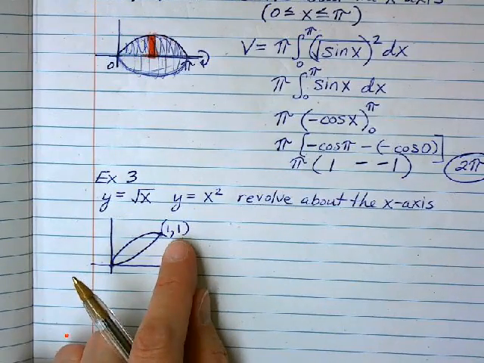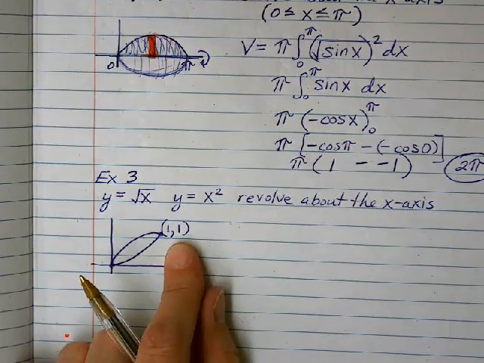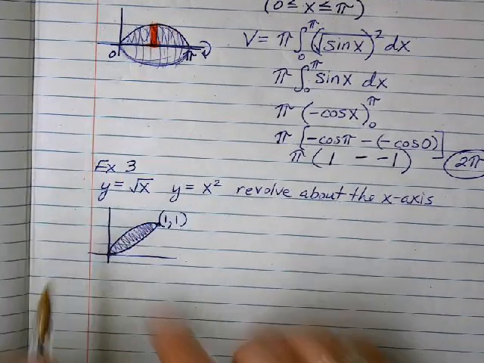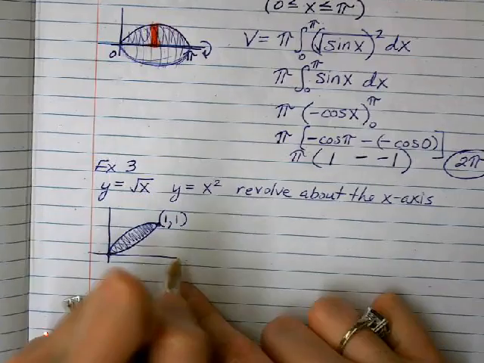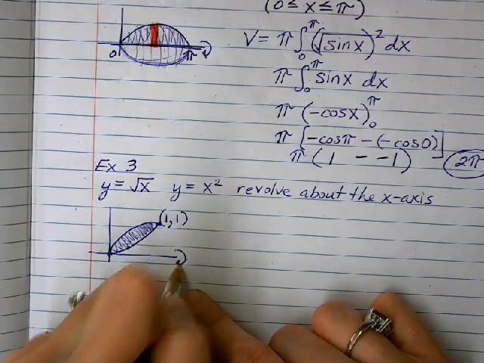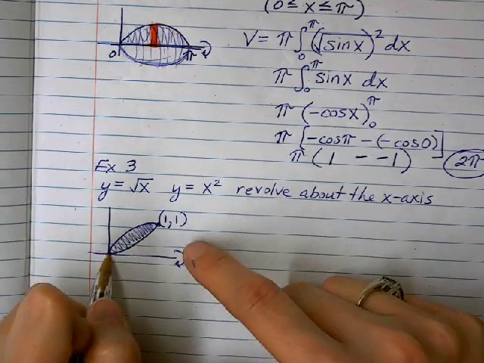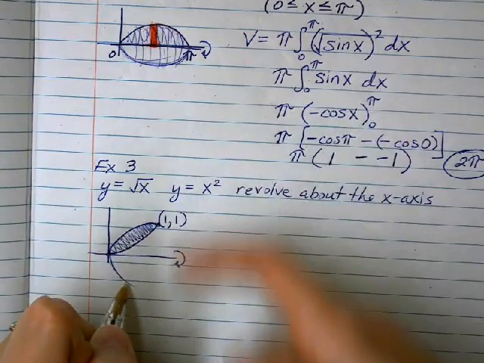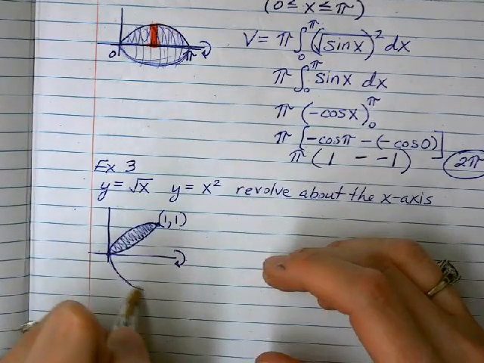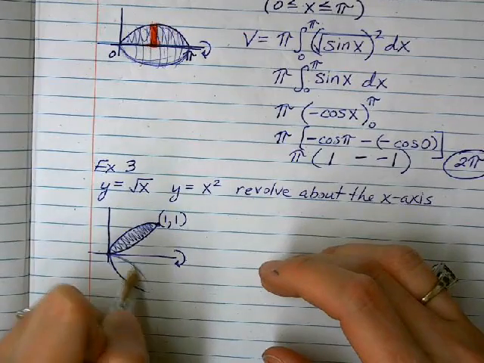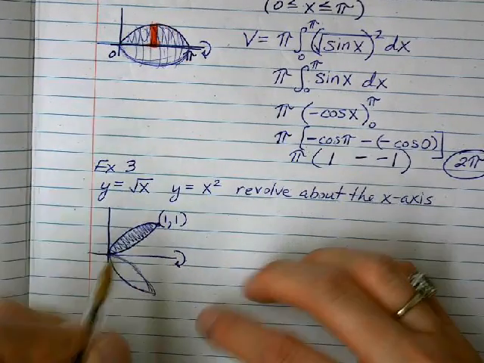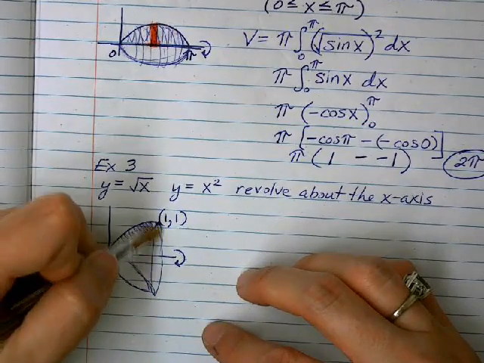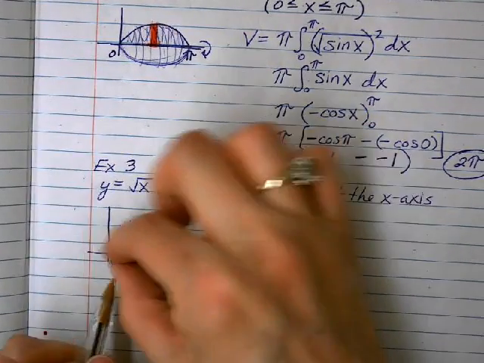Okay, so we're looking at this section, this picture. It says to revolve it around the x-axis line again. So if you spin it around, you have to think of rotating this thing. I'll try to draw it. I'm not the best artist, but it would be kind of like a funnel, with a hollow spot in the middle.